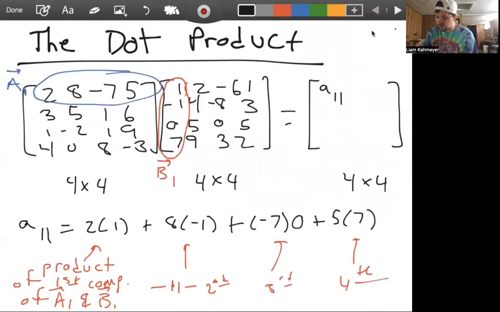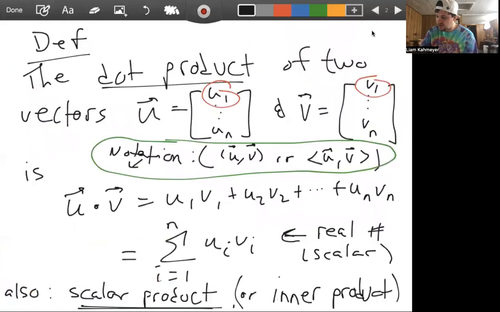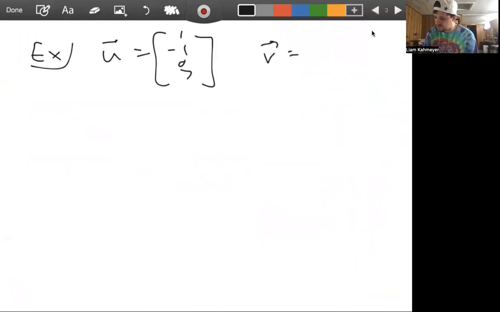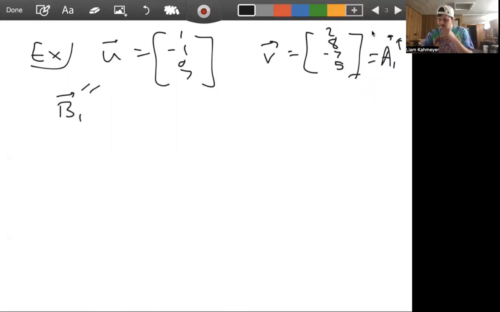And then A1 was 2, 8, -7, 5. But let's take that transpose, so 2, 8, -7, 5. And really, this was our B1 in the matrix multiplication, and this was our A1 transpose, right?